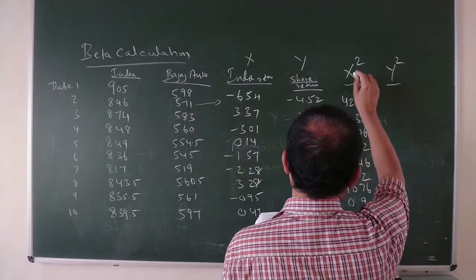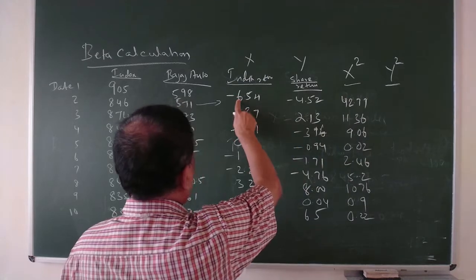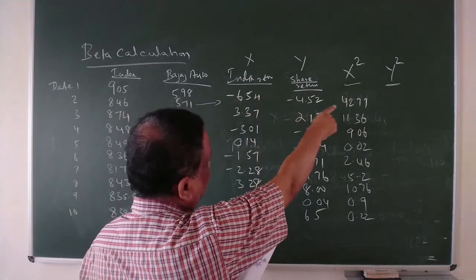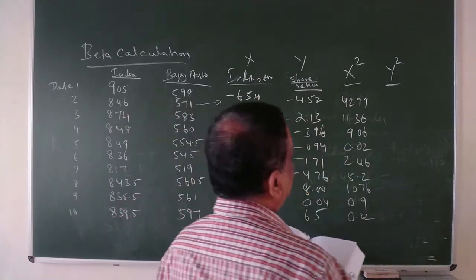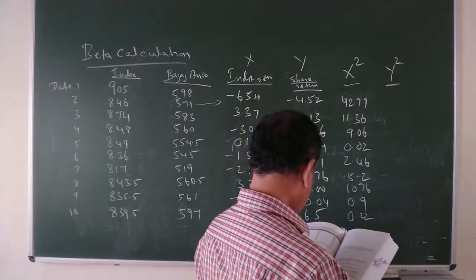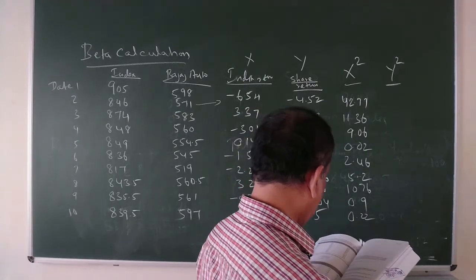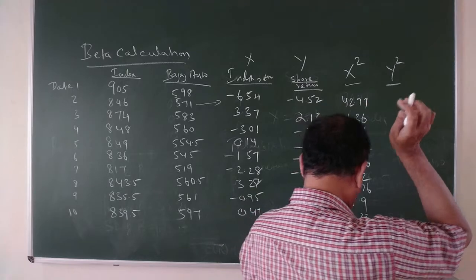So, this is x square, that is minus 6.54 into minus 6.54, you will get 42.77. Okay.